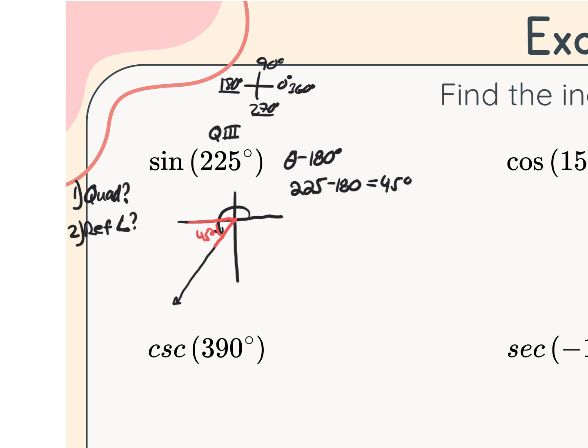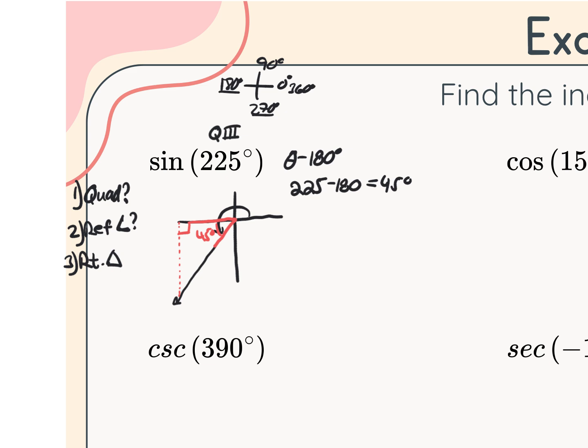The third thing that you want to do is draw the special right triangle. So draw the right triangle. To do that, we're going to take this part of our angle, and we're going to say that this is one type of special right triangle. The ones in this lesson are always going to be a special right triangle.